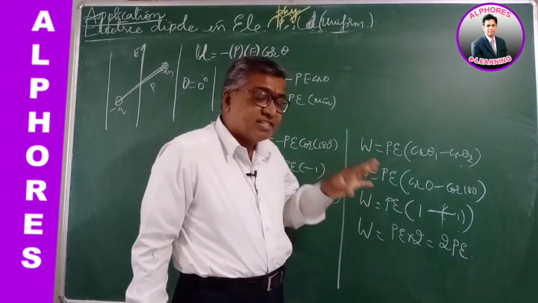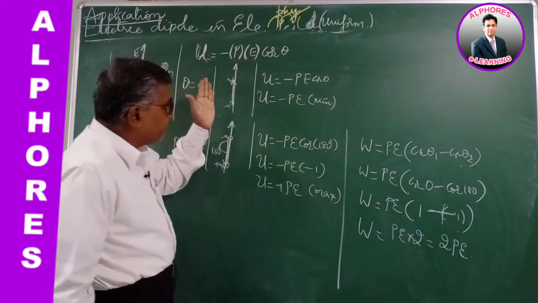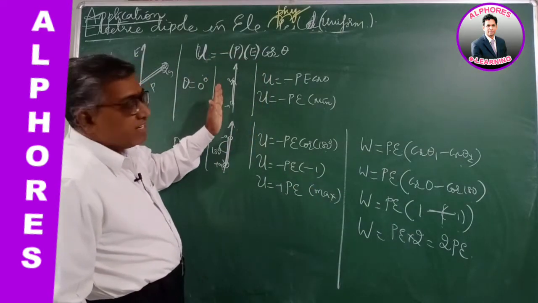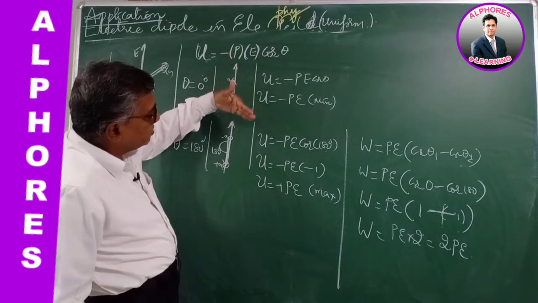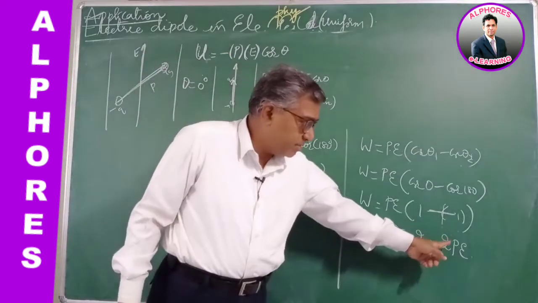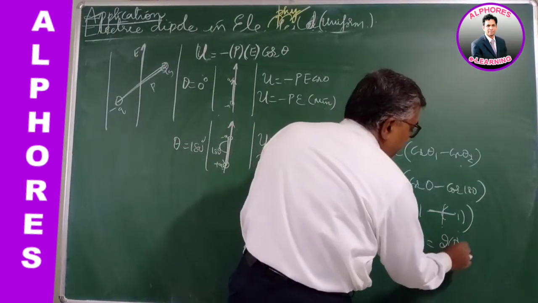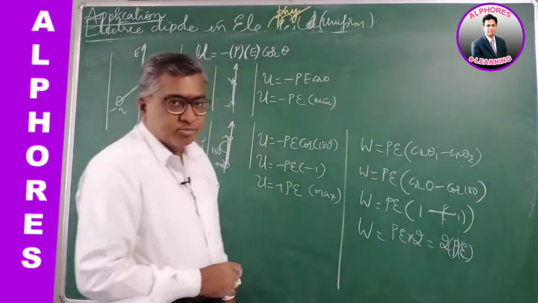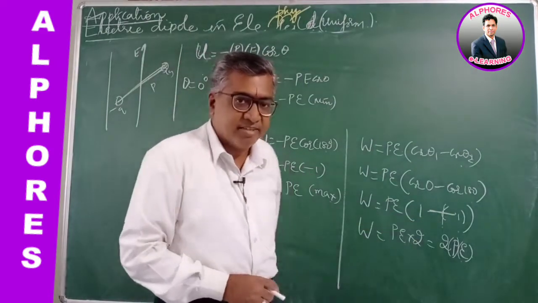The work done by the external source is 2 times P into E, where P is the dipole moment and E is the electric field intensity.